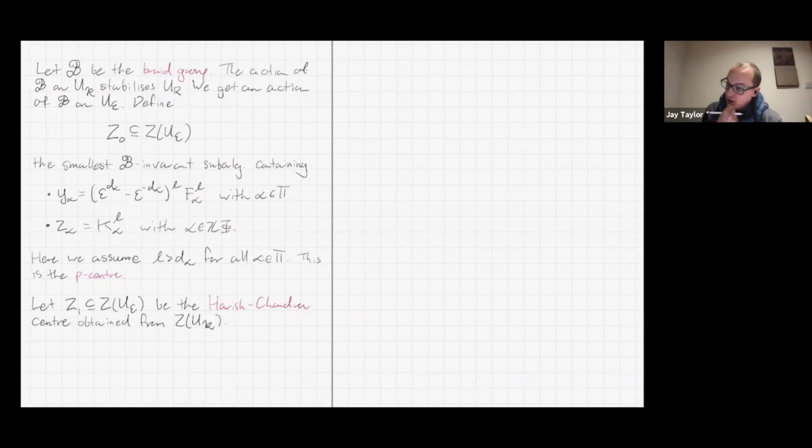Okay. And so essentially what is shown by De Concini-Kac and Procesi is that the natural product map is an isomorphism.